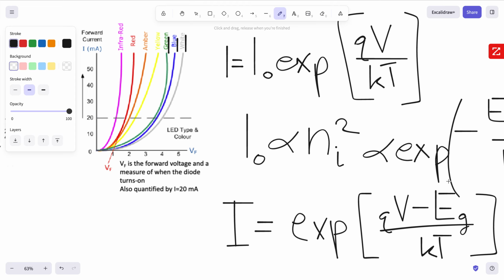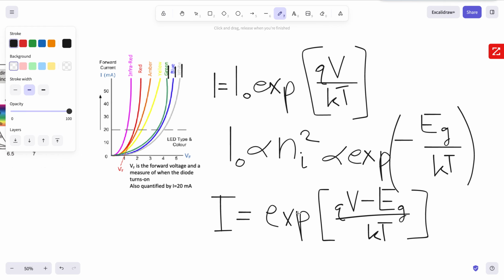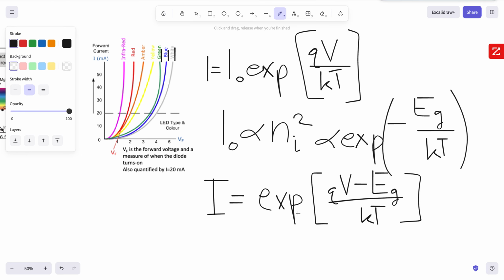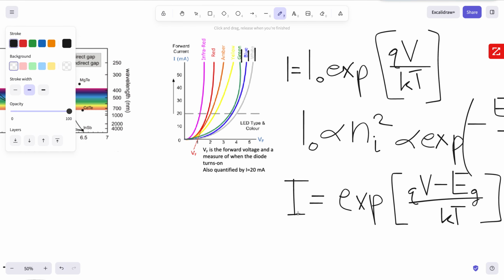But then you also have, if you have a larger band gap, a smaller term in the exponential, which causes the IV plot to be less steep. Whereas if you have a really small band gap, then this term is larger, which creates a larger slope. And so this is how the IV characteristics of an LED behave.